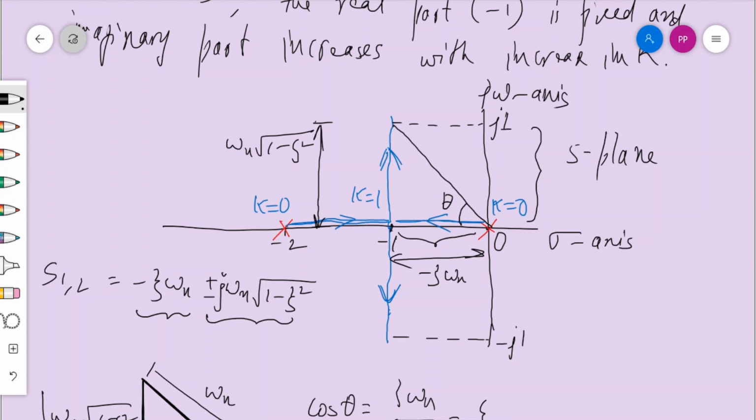So we shall come up with the complete steps of designing a root locus for a given system in the coming lecture. For today's lecture, this is all you have to learn.